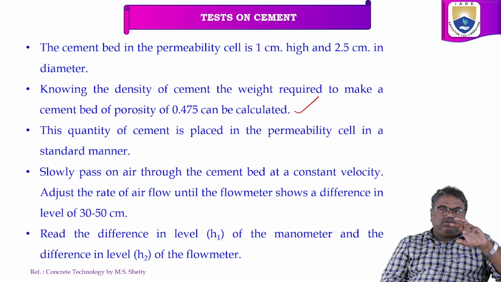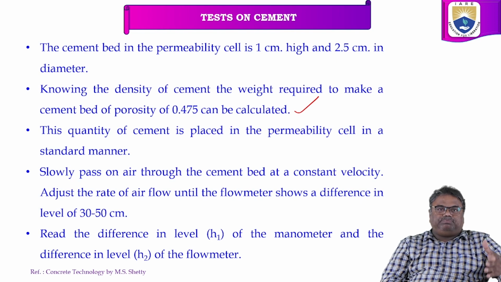You have to maintain the velocity, because if you use a very high velocity, all the cement particles will be blown away by the air. So we should maintain the velocity so that the air passes through the cement bed.